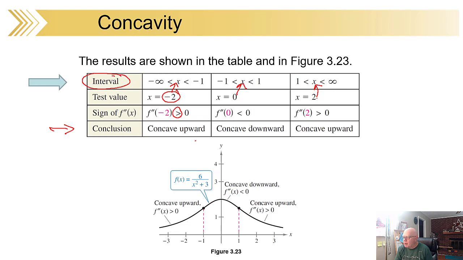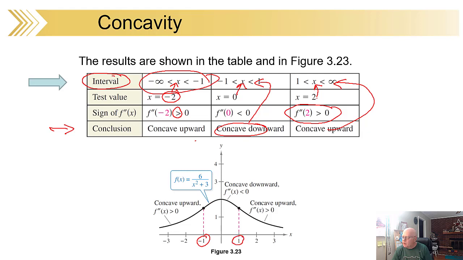And what do you get? Well, this one was positive, so it's concave upward on this interval. This one was negative, so it's concave downward in this interval. And in the third one, this turned out to be positive, so it's concave upward on that interval. And if you look down here, this gives you a picture of what's going on. Here were the 2 points we found by investigating the second derivative.